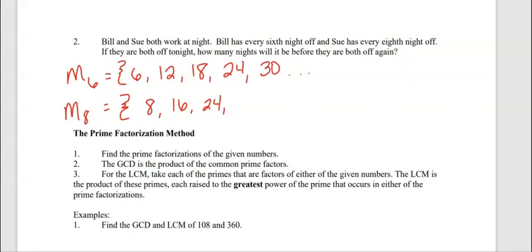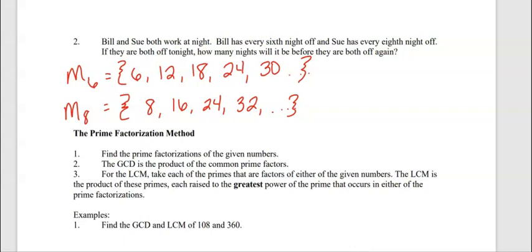That's 8 times 3. 8 times 4, she's off night 32, and so forth. And if I have a common multiple, I can stop. If I don't have a common multiple, that just means I need to keep adding to my list, adding to my sets.